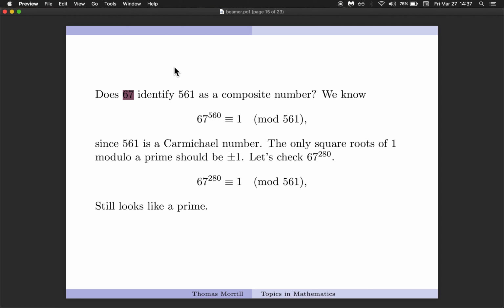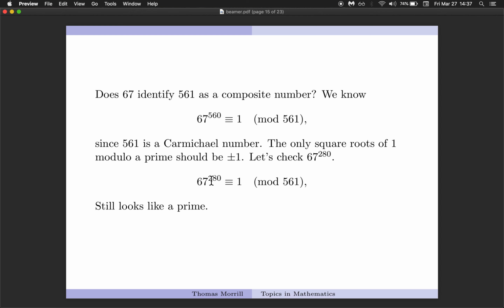Does 67 identify 561 as a composite number? So if I tried the test from last time, I get 1 mod 561, which says that 561 is a pseudoprime to the base 67. So I divide that exponent by 2, and 67 to the power 280 is still 1 mod 561. So it still looks like a prime.